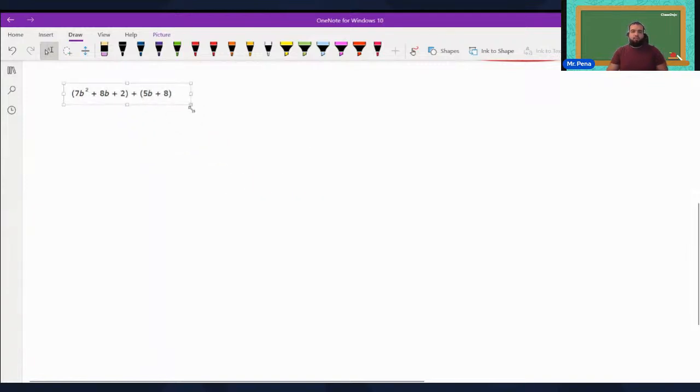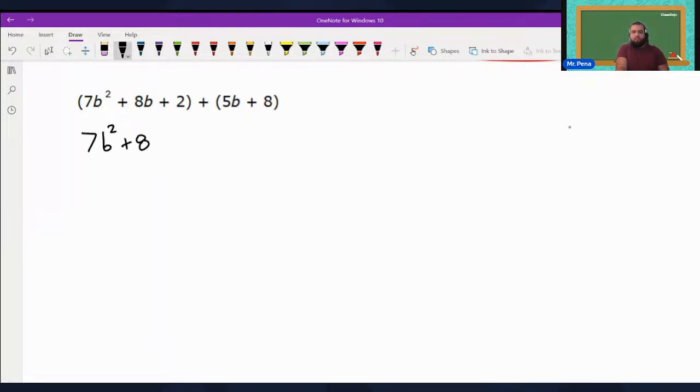We see now 7b squared plus 8b plus 2 plus 5b plus 8. Copy it down and bring them all out of the parentheses. You don't really have to distribute. You're technically multiplying 5b times 1, which is 5b. Positive 1 times 8 is just positive 8. Now we want to combine like terms. The only thing I see here for us to combine is 8b and 5b.